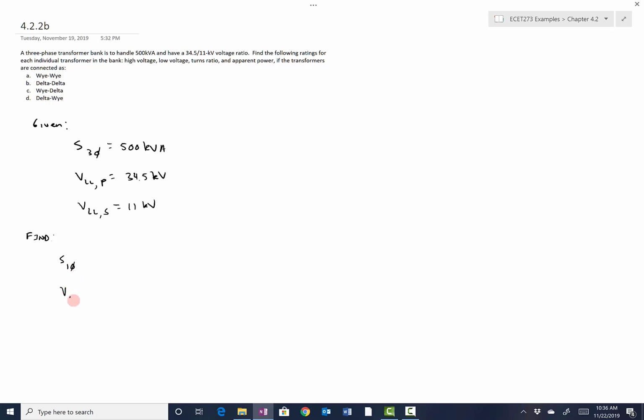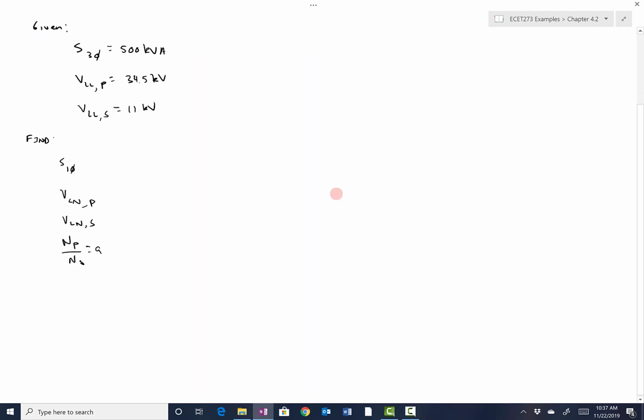And of course, we want to know what the line to neutral rating on the primary is, and what the line to neutral rating on the secondary is. And then for each of these, to get this particular voltage ratio, we need to know what NP over NS is. I'll remind you, sometimes we call that A. So that summarizes what was given to us in the problem statement, and we'll begin the solution next.